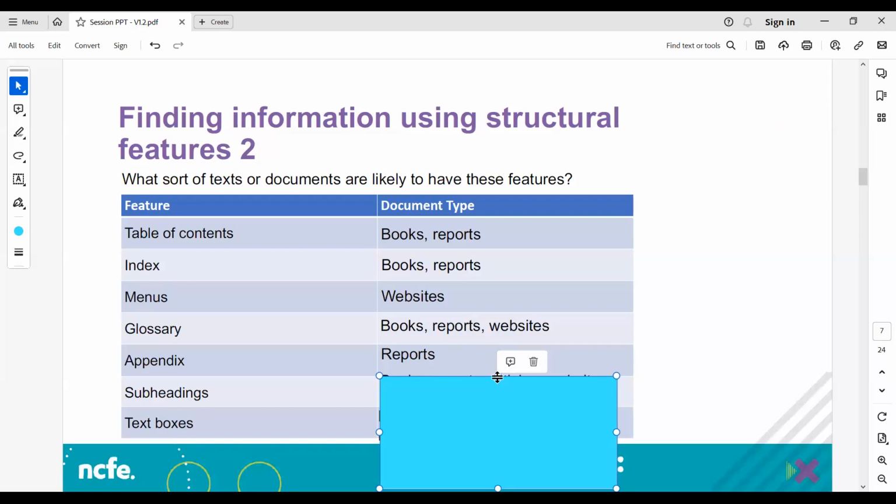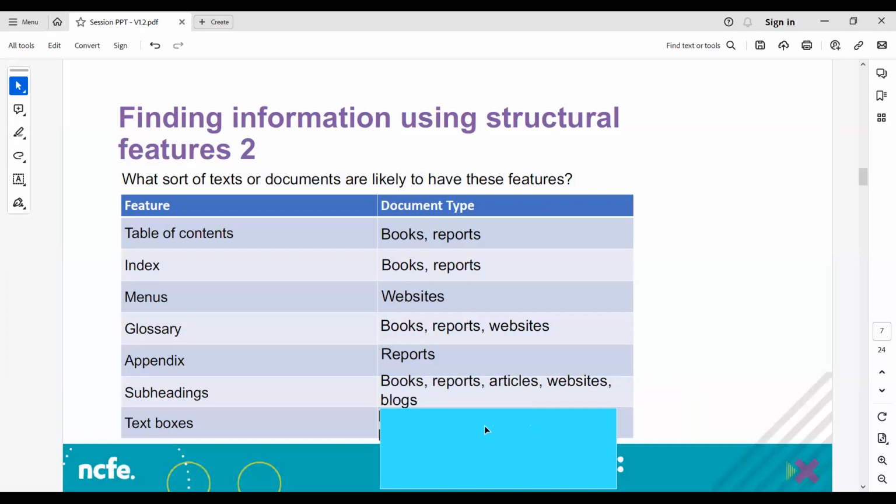Also, sometimes an article might have an appendix as well. Subheadings. Reports. Good. So all of them, really. All of those text types, you're likely to see subheadings.